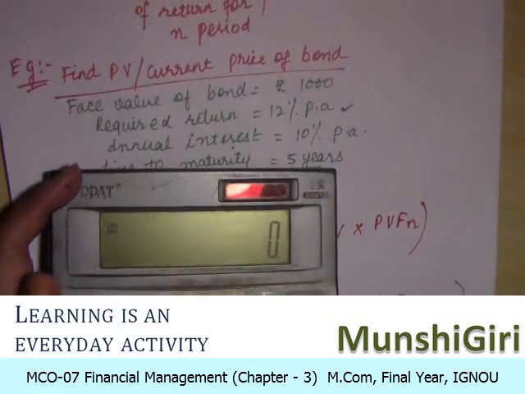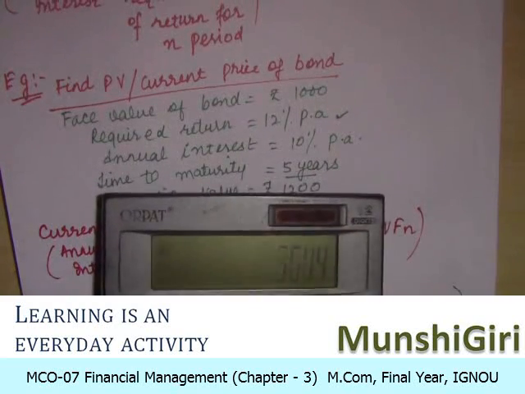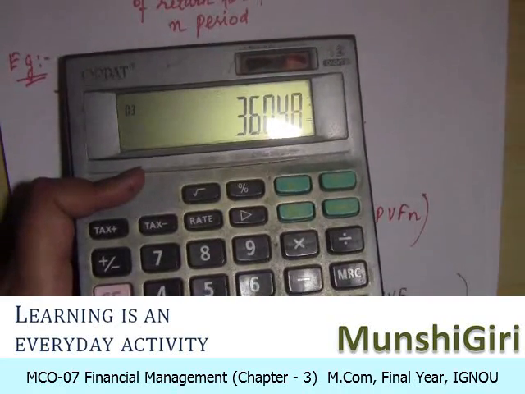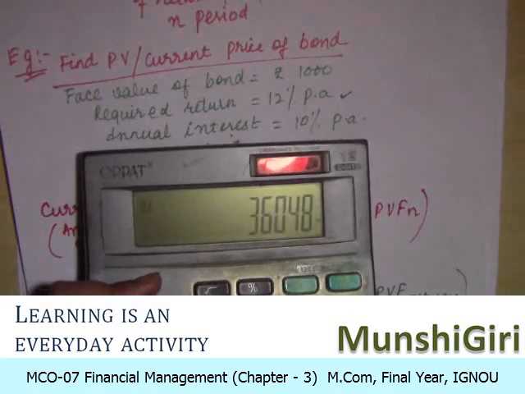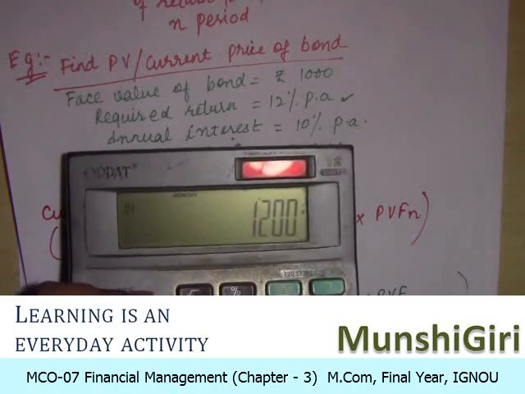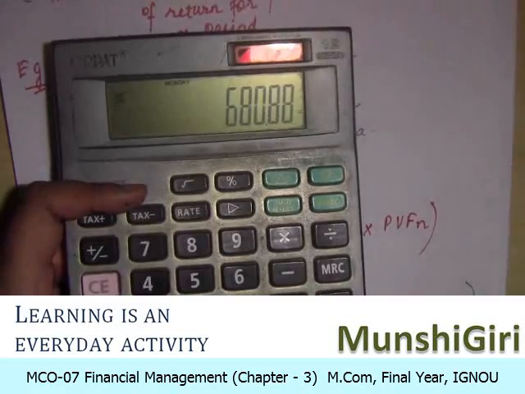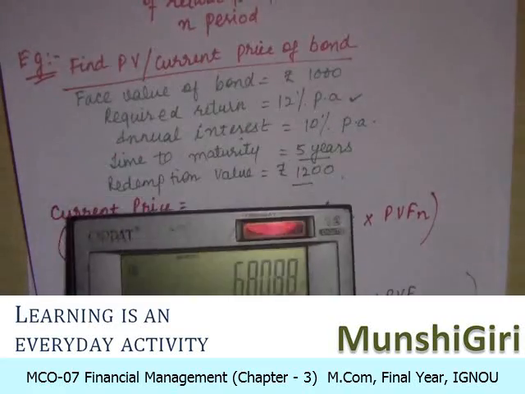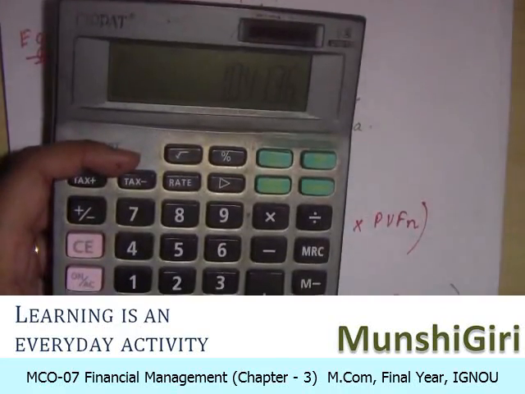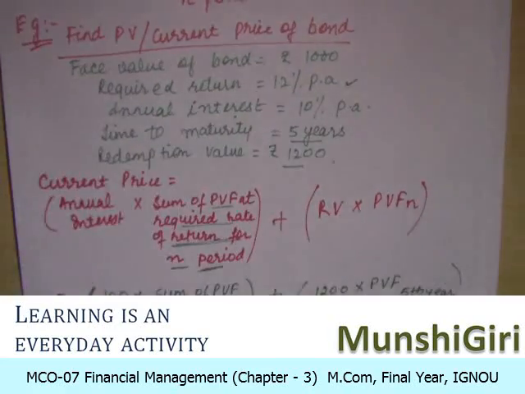You can see this 100 multiplied by 3.6048 is 360.48, memory plus, and 1200, that is the redemption value, into the present value factor for the 5th year, 0.5674. This is equal to 680.88, memory plus, and memory equal to, this is rupees 1041.36.